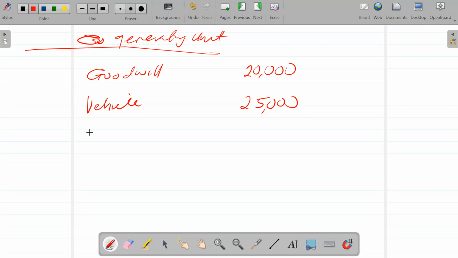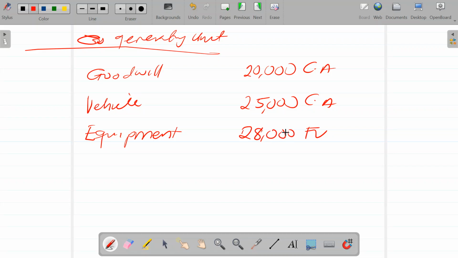We have equipment. This one is the current amount, but for the equipment we have the fair value less cost to sell. Maybe the fair value is 28,000.